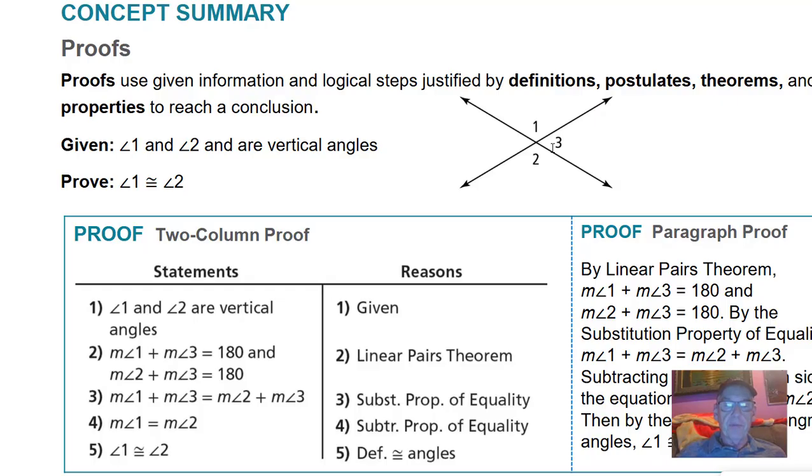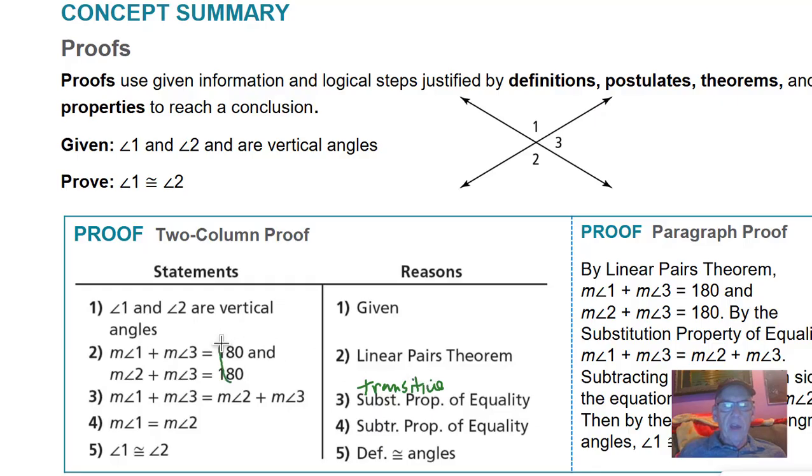That's step 2. Since 180 is equal to 180, we can substitute. This also might be the transitive property. If angle 1 and 3 are equal to 180, and 2 and 3 are equal to 180, 180 basically joins us together, and I would actually think step 3 should be a transitive property.